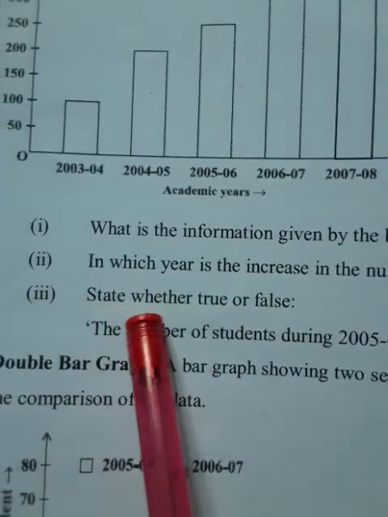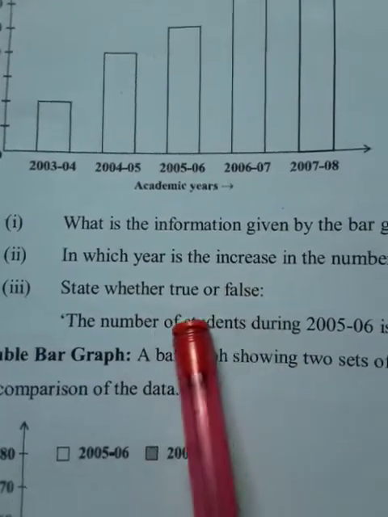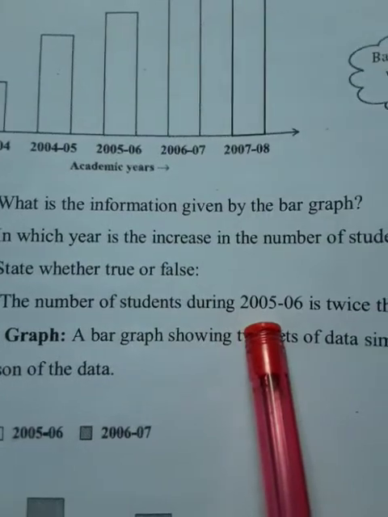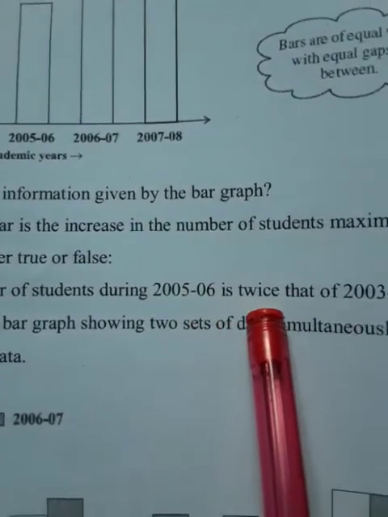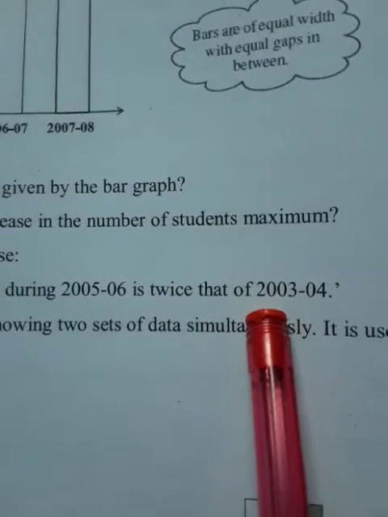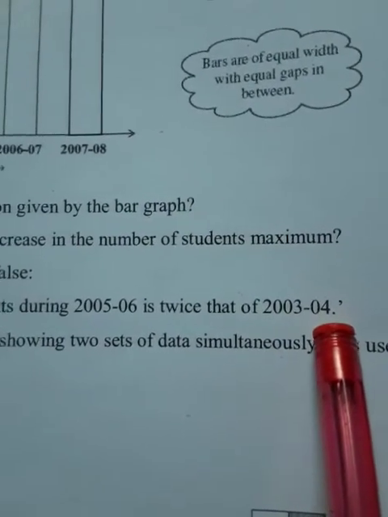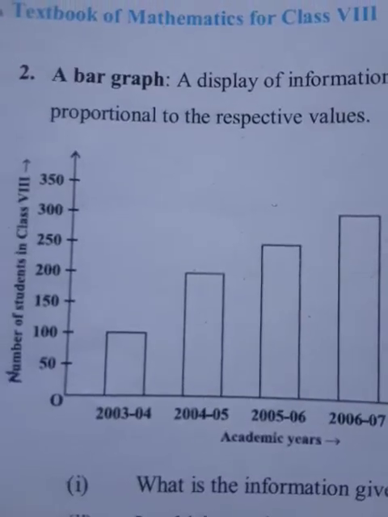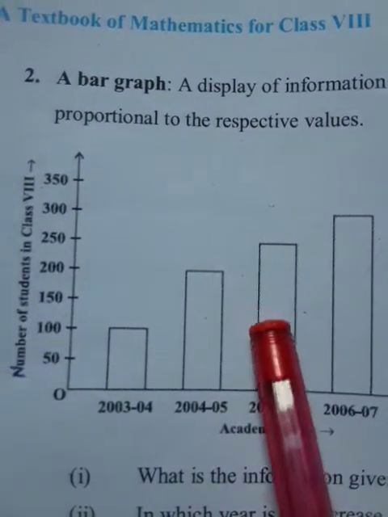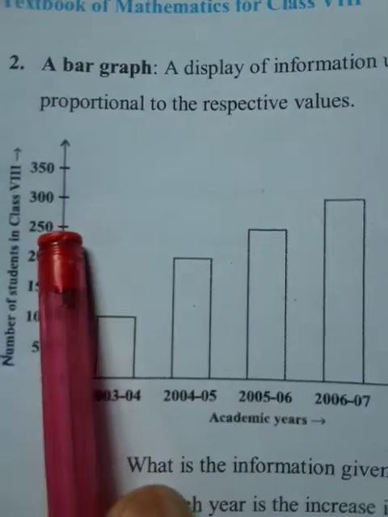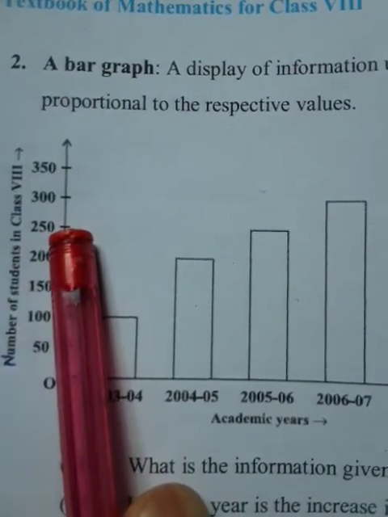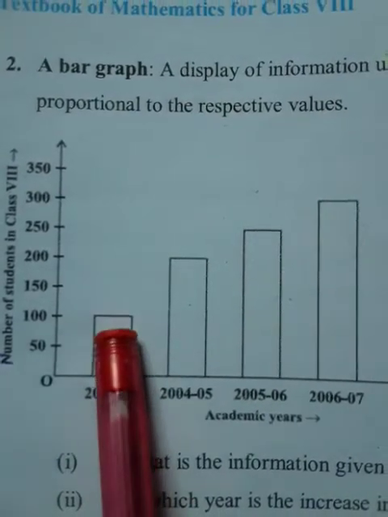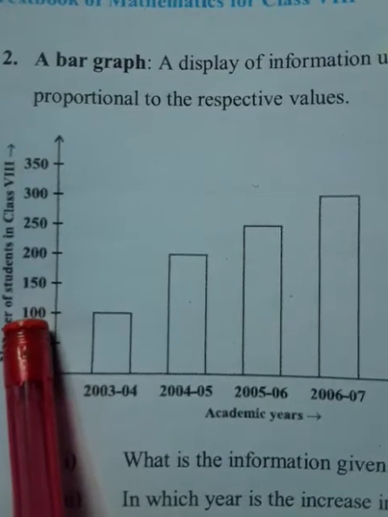Third part is, state whether true or false. The statement is, the number of students during 2005-6 is twice that of 2003-4. So that can be seen here in the graph. In year 2005-6, the height goes to 250, and in the year 2003-4, the height goes to 100.